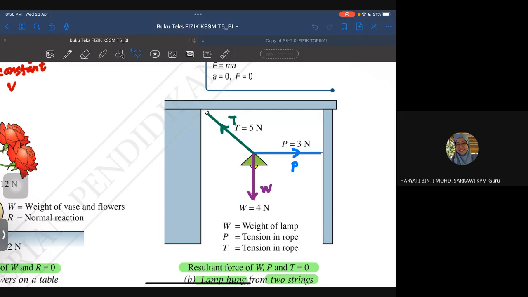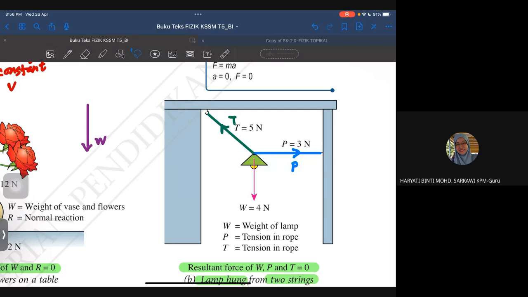The easier ones here will be the one that is either 90 degrees downward or horizontal, which means either W or P. So let's say we start with W. We can do it like this. All right, so that is W.